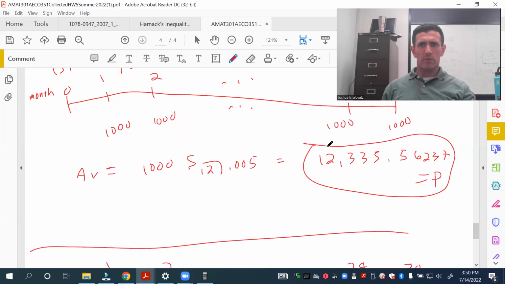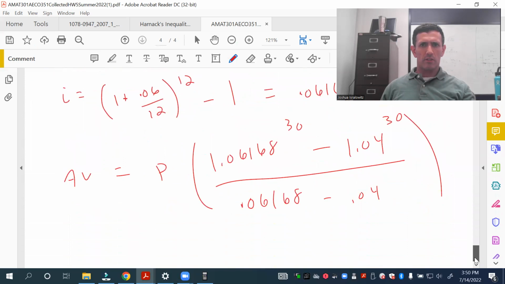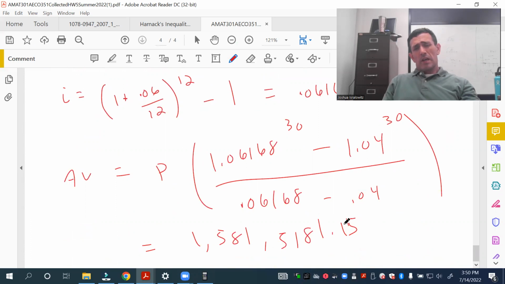So dumping everything into a calculator, we get this nice big number: 1,581,518.15. All right, hopefully this helped. And yeah, I will have the exam up by tomorrow at noon.